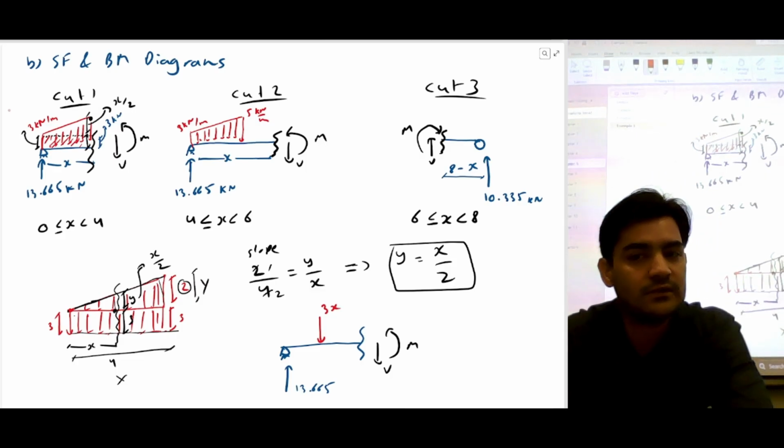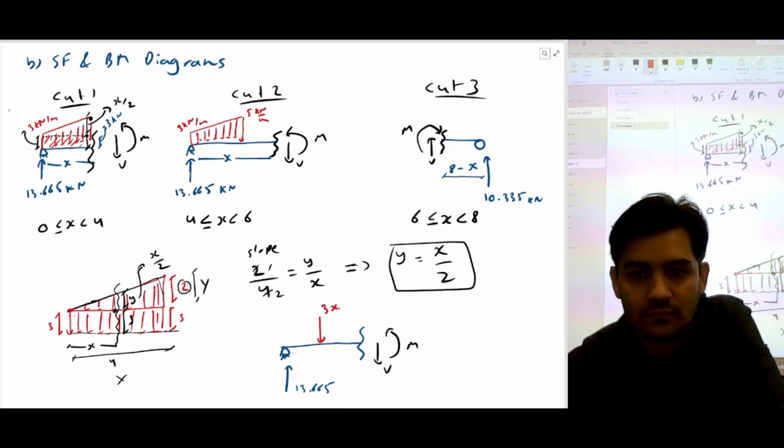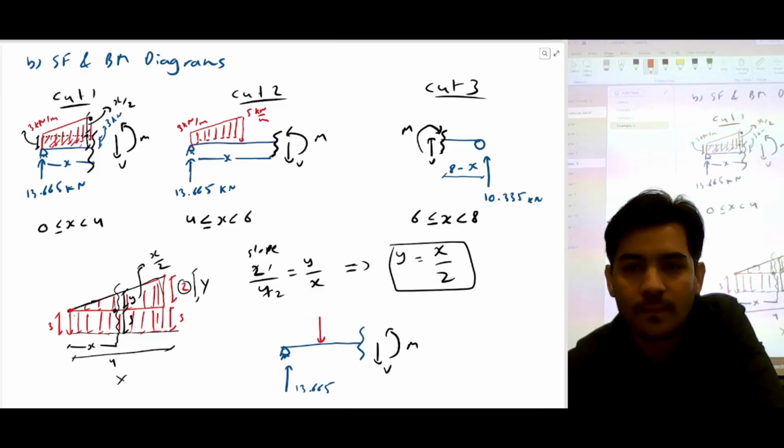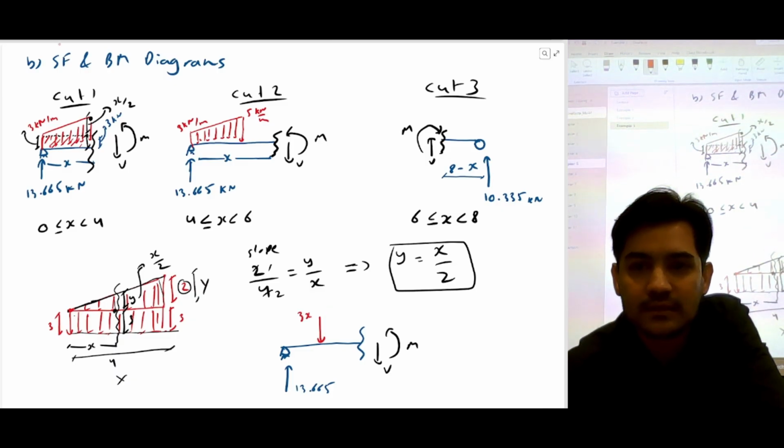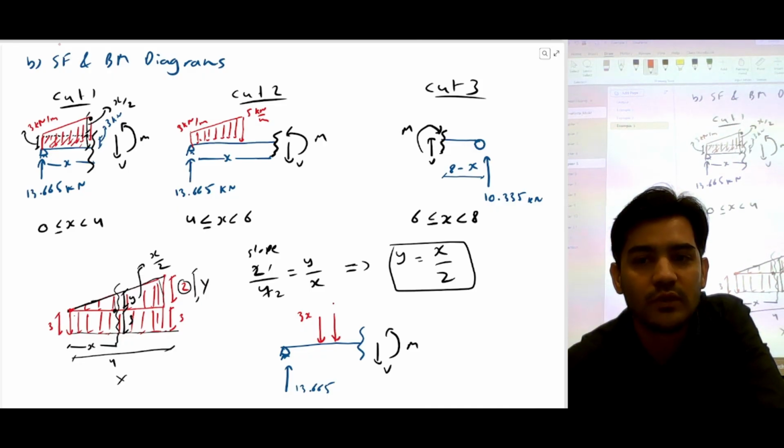That's the load for the rectangle. Does it make sense? And then you will have another load, which is the area of a triangle, which is 1 by 2 into x into the height, which is x by 2.